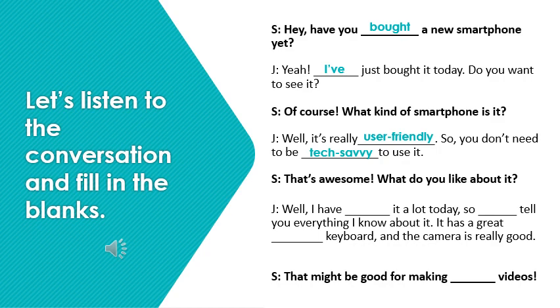That's awesome. What do you like about it? Well, I have used it a lot today, so I'll tell you everything I know about it. It has a great emoji keyboard, and the camera is really good. That might be good for making viral videos.